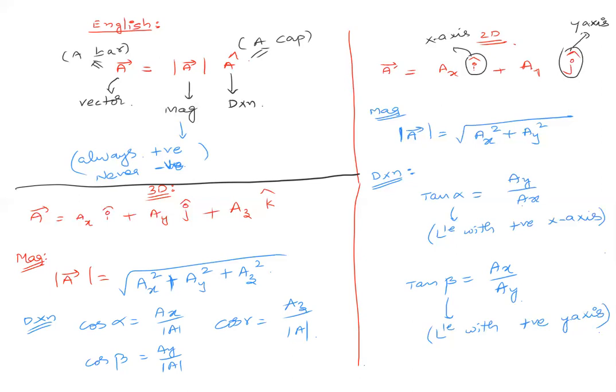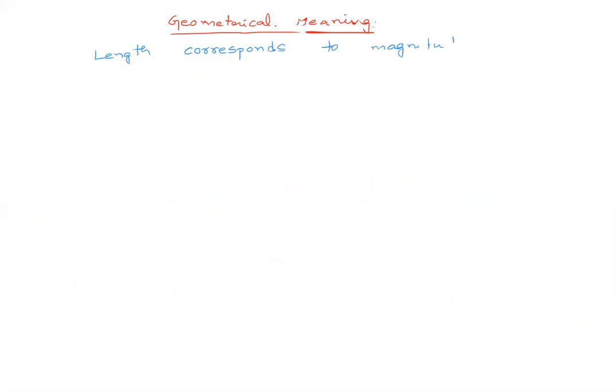Now let us try to understand a problem from the geometrical meaning. From the geometrical meaning, length corresponds to magnitude. Let us try to understand in detail. I told you, length corresponds to magnitude of the vector.